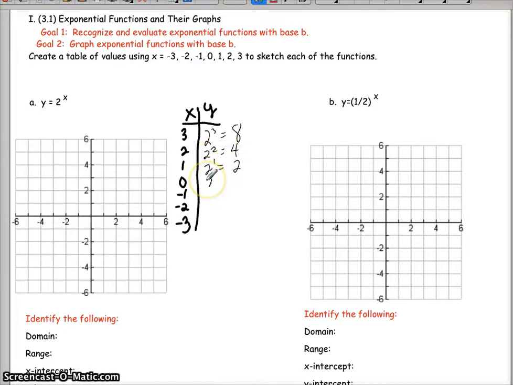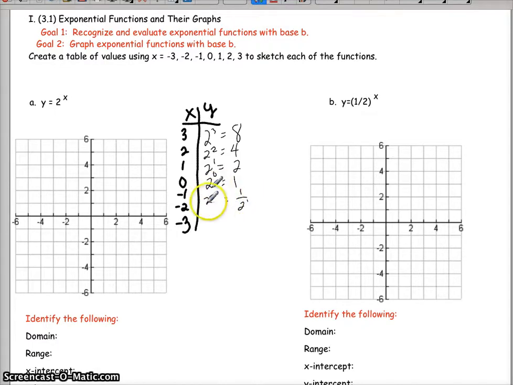What about 2 to the 0 power? Remember the rule you learned probably back in middle school. Any number raised to the 0 power is equal to 1. How do we raise 2 to a negative exponent? Remember that a negative exponent implies the reciprocal. So this implies that we have 1 divided by 2 to the first power, or 1/2.